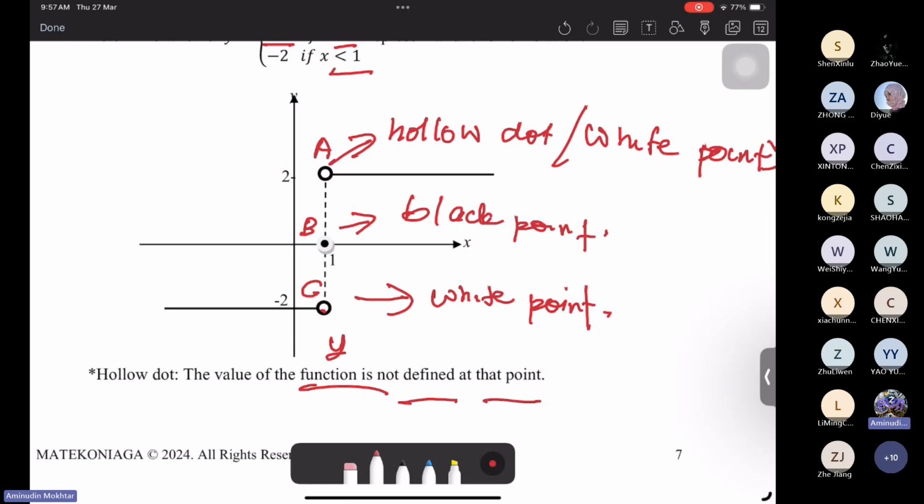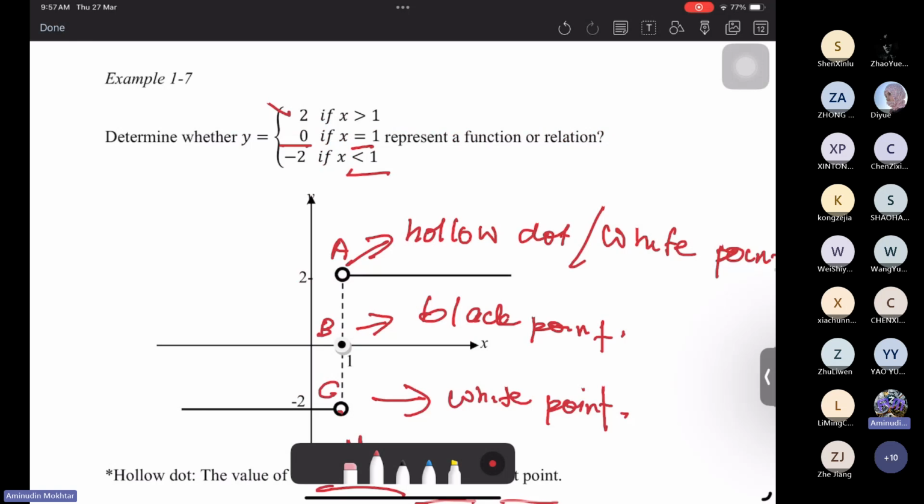If we refer to this equation, at point A, there is a coordinate point x equal to 1, y equal to 2. At point B, when x equal to 1, y equal to 0.